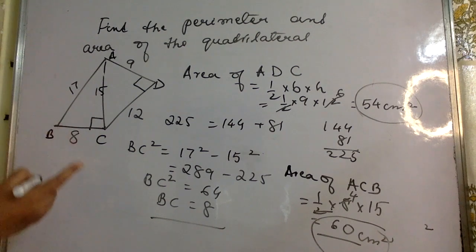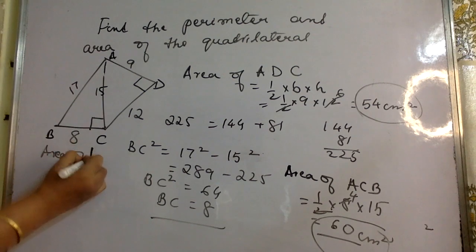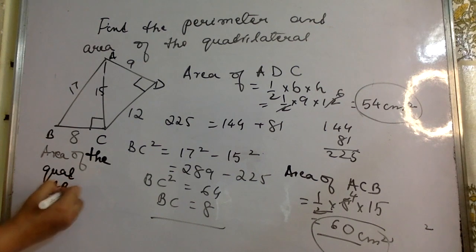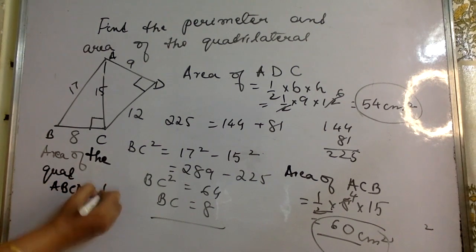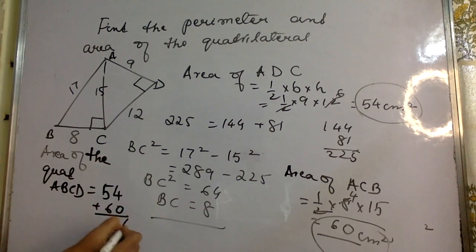So for the full quadrilateral ABCD, the area is 54 plus 60, which is 114 centimeters square. So that much for the area.